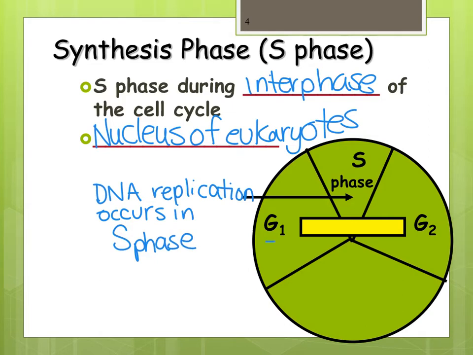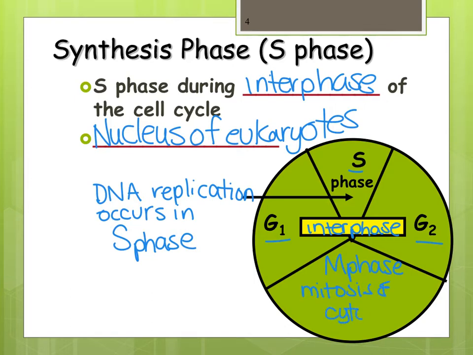What do we call the G1, the S, and the G2 combined? Interphase. So this is interphase. What is this last one? That's the M phase. And M phase includes both mitosis and cytokinesis.